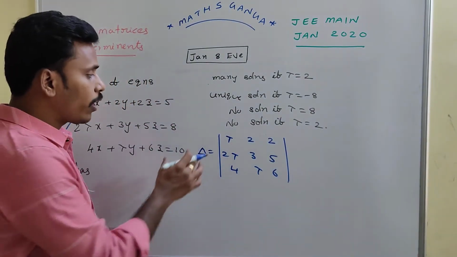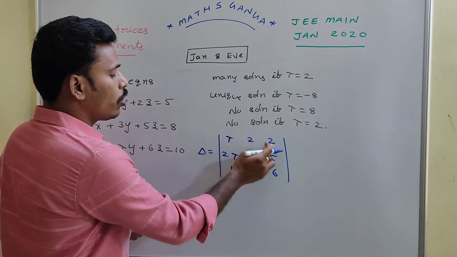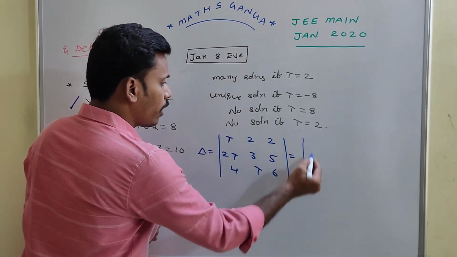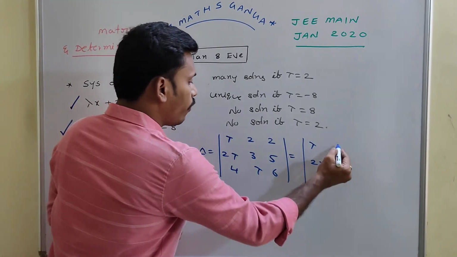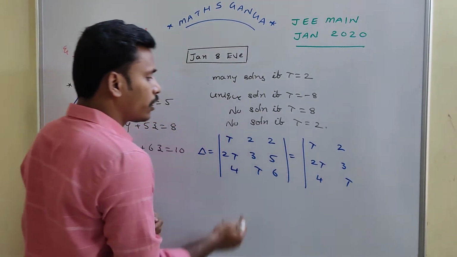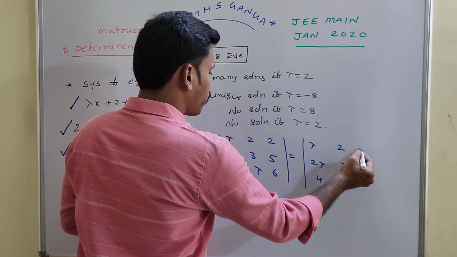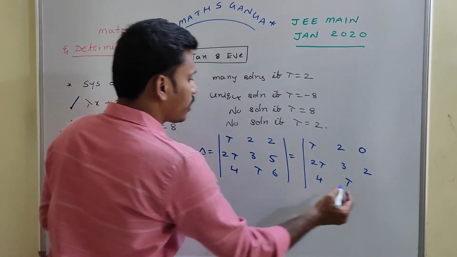First of all, you need to find this determinant value. For that, since this is 2 and 2, I make this 0 just for simplification. The first row I won't change, and the second row again I won't change. For the third row, I do this: 2 minus 2 is 0, 5 minus 3 is 2, and 6 minus lambda.